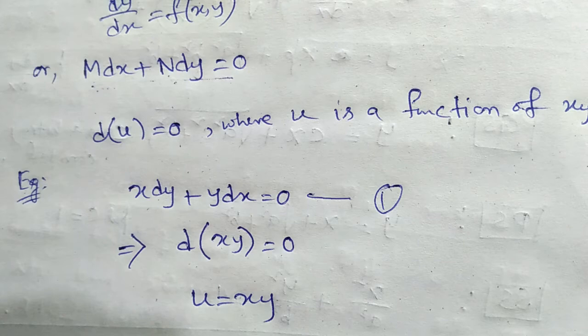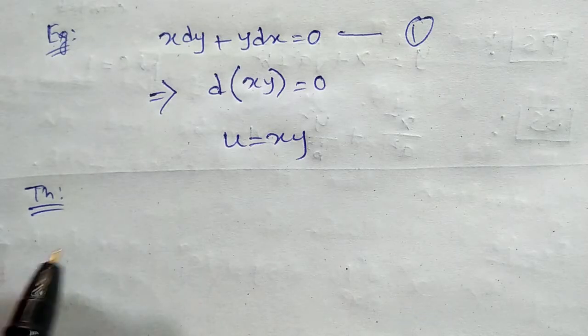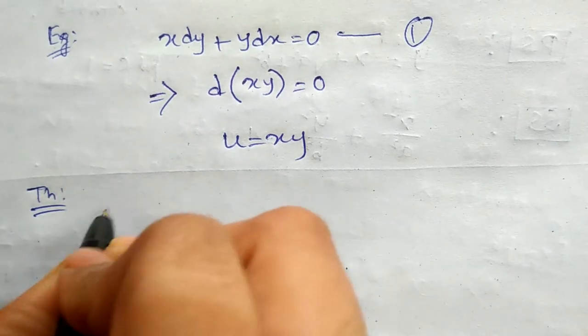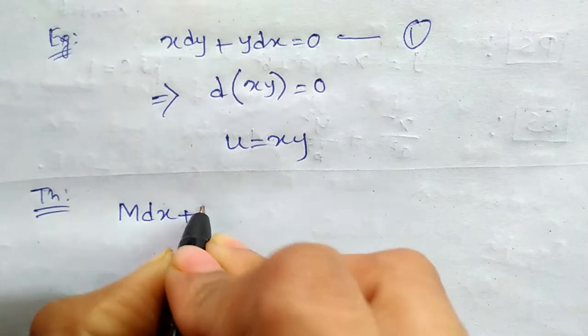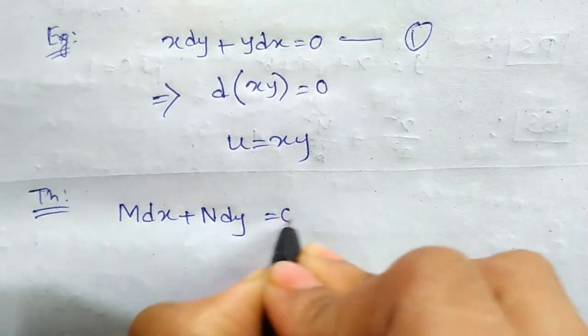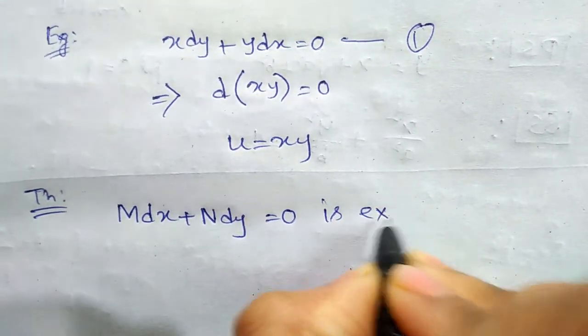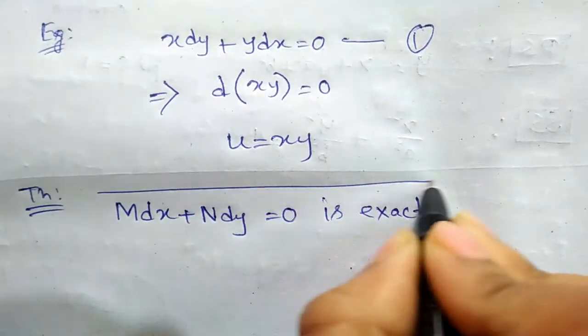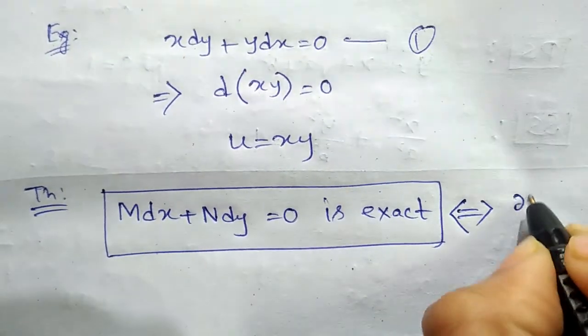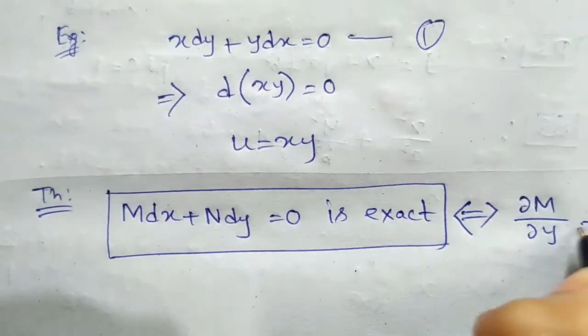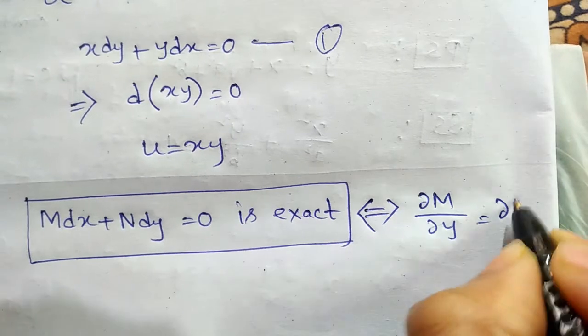Now we come to a very important theorem. The theorem states that the first order first degree ODE, that is M dx plus N dy equal to 0, is exact if and only if del M/del y equal to del N/del x.